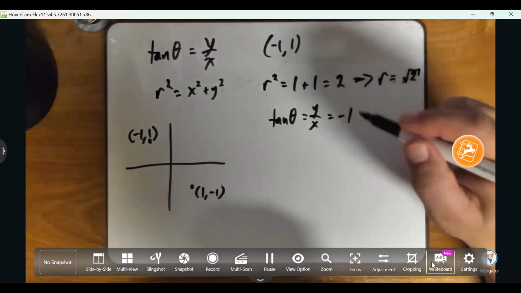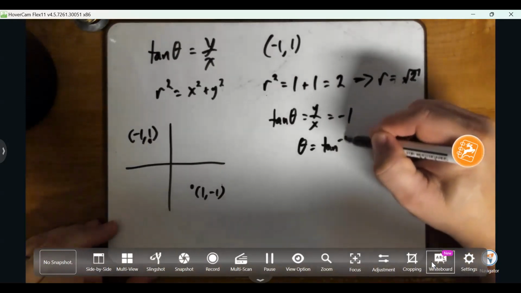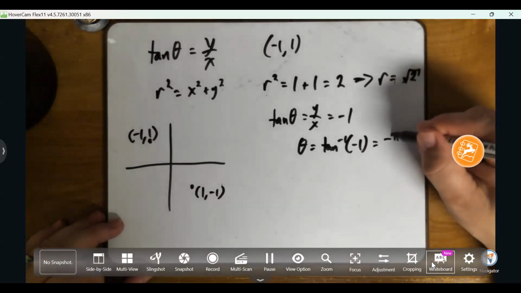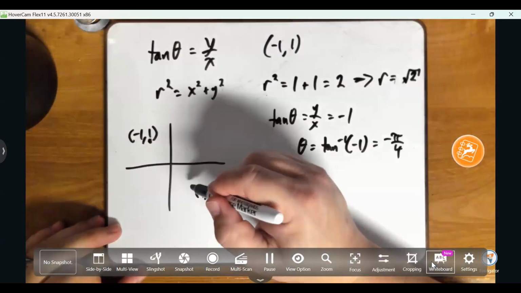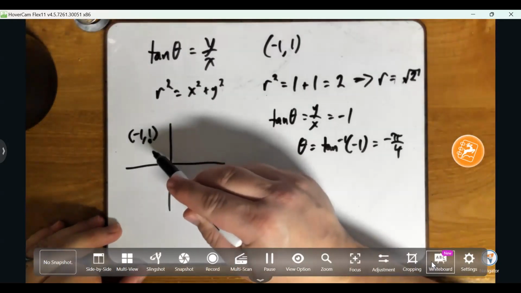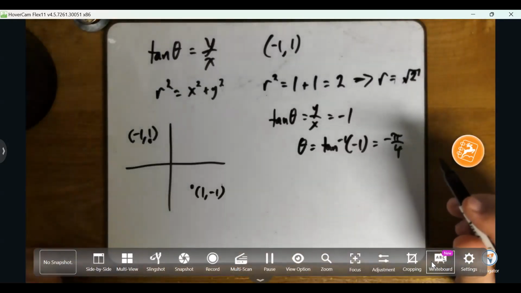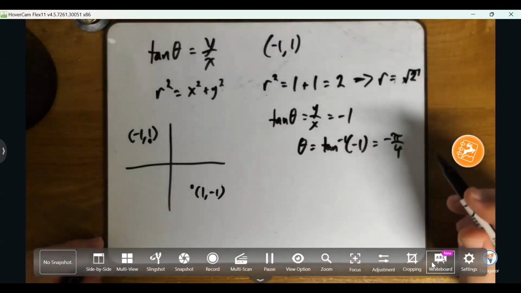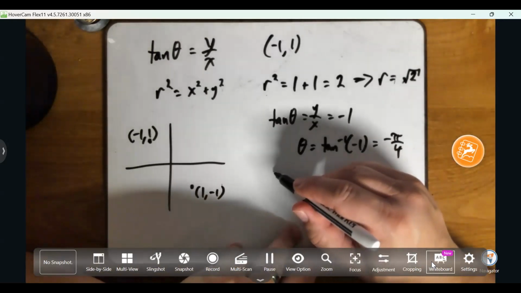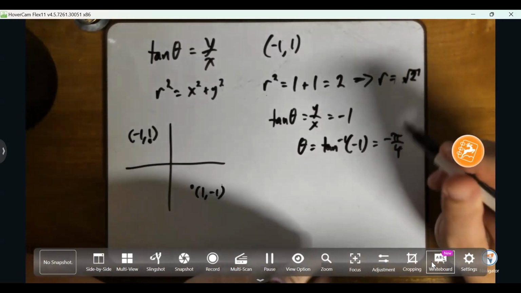But now, if I blindly stick this into a calculator, it will give me negative pi over 4. Well, negative pi over 4 is down here. That's not where I need to be. I know I need to be up here. So what do I do to fix that? Well, remember that tangent has a period of pi.